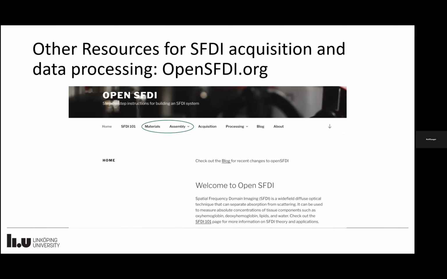So they have things about building a very simple starter system from scratch. So what kind of components do you need to buy to build a very simple system for specific wavelengths, how to put it all together, how to do data acquisitions and how to interpret that data, and then tutorials on general processing in a very basic way. So at least you can get started and start to then build your own in an informed way.